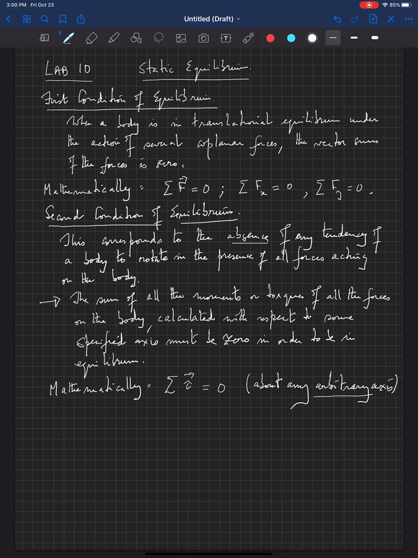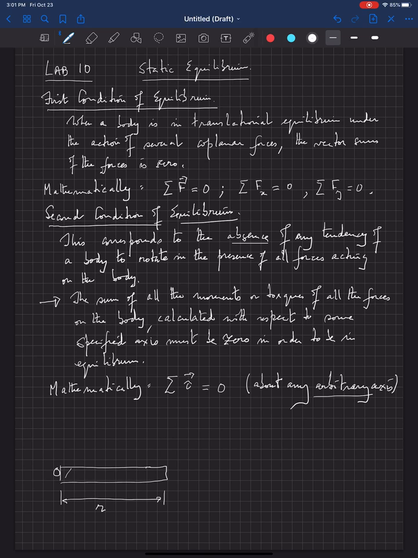Okay. So here's an example. Let's consider a door. Okay. And so here's the hinge of the door, and here's the door. Let the length of this door be r.